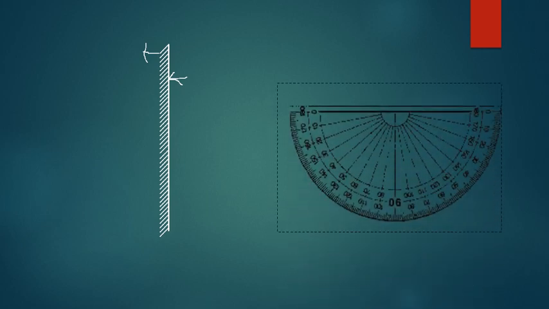Now you need to have a scale, right? Not only a scale, you need to have the protractor also. Now we'll go ahead with a drawing. I'll keep this horizontal. You can keep it vertical too.